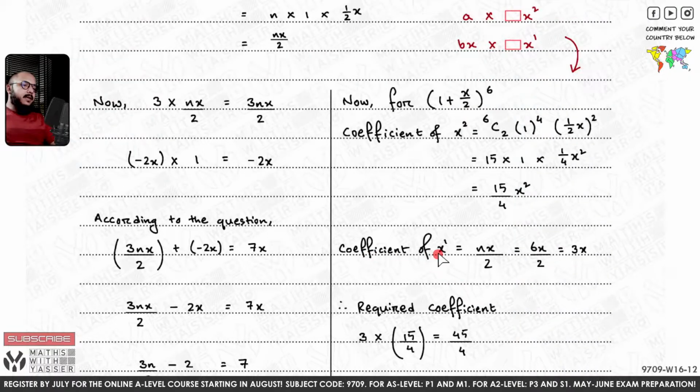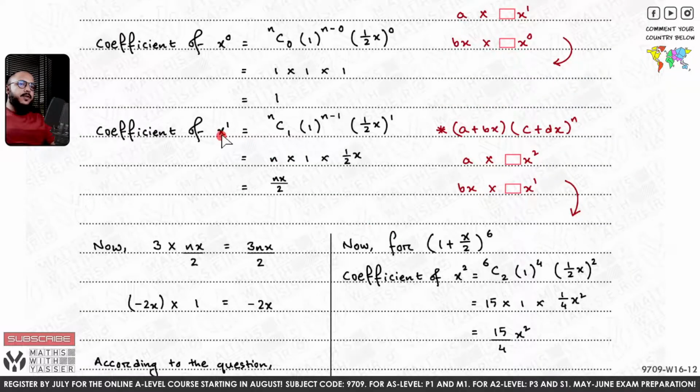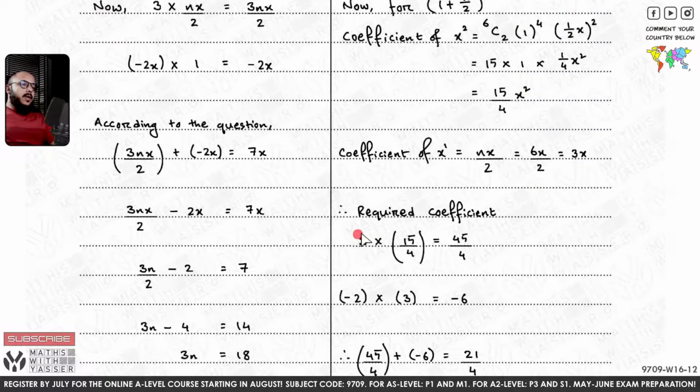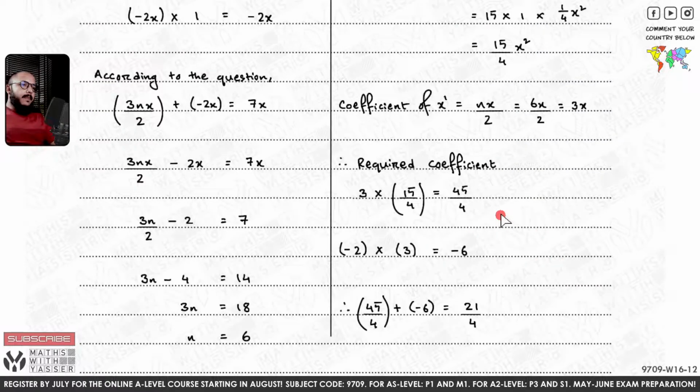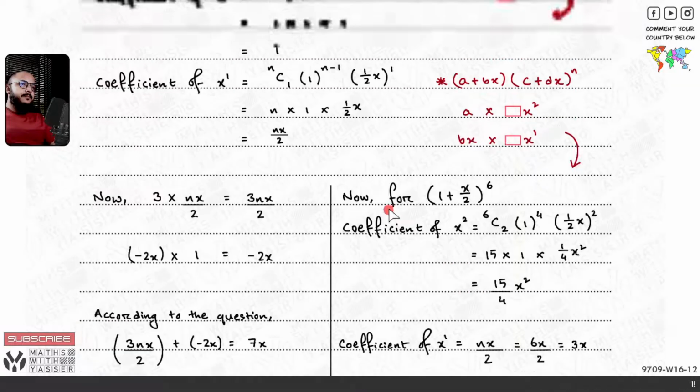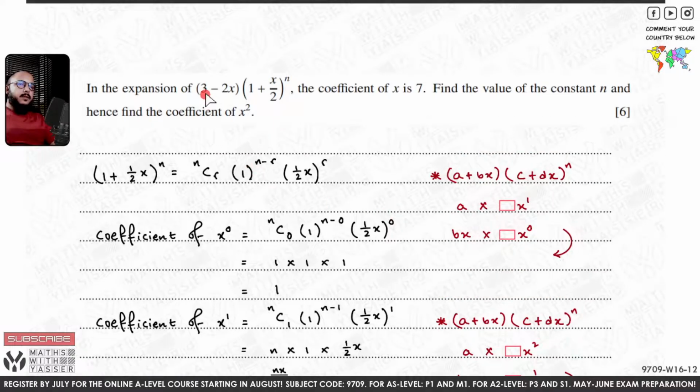Now for the coefficient of x, it will be just nx by 2, which we found earlier. The coefficient of x was nx by 2, and we know that n is 6, so it will be 6x by 2, which is 3x. So the required coefficient is 3 times 15 over 4. So we need to multiply 3 with the coefficient of x square, and we need to multiply negative 2x with the coefficient of x from this expansion.